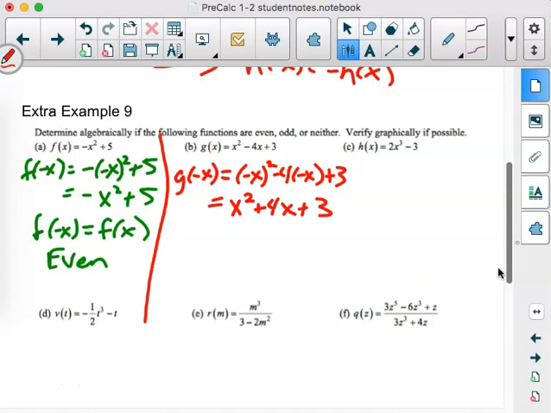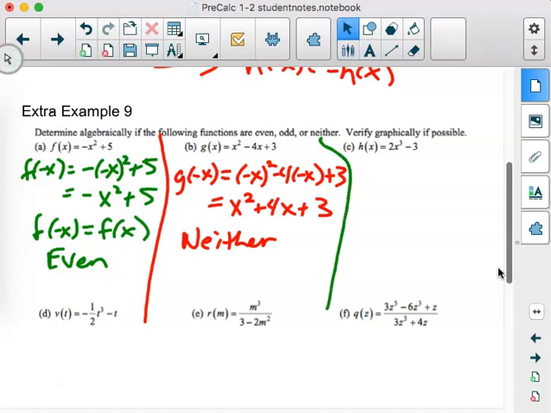So now's the defining moment. Is it exactly what we started with? No. Is it the entire opposite of what we started with? No. So this one is neither. Remember, those are our only two choices. It's even, it's odd, neither. Try C.